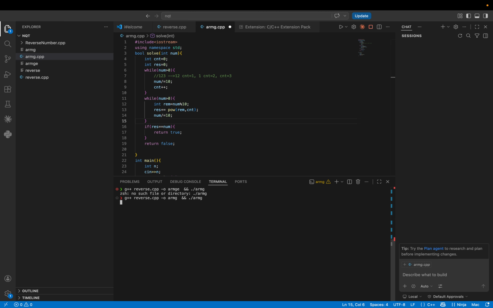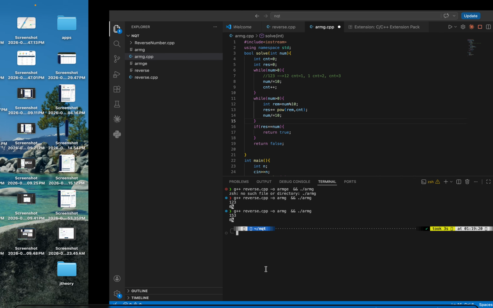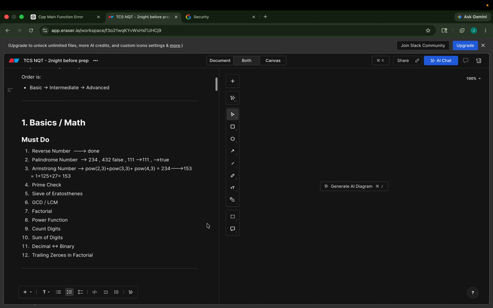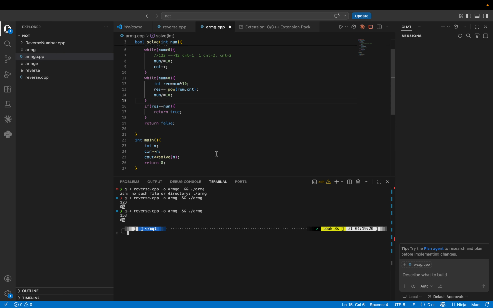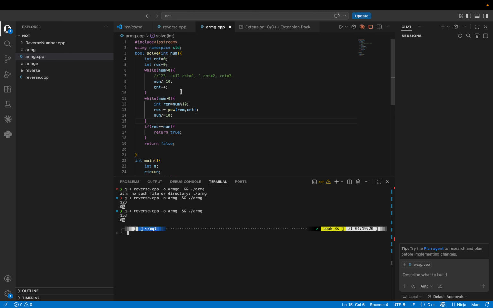Okay. Now if I say 1 2 3, it will be 0. But when I say 1 5 3, which we already tried, oh no, why is 1 5 3 giving 0? This will always do the remainder.